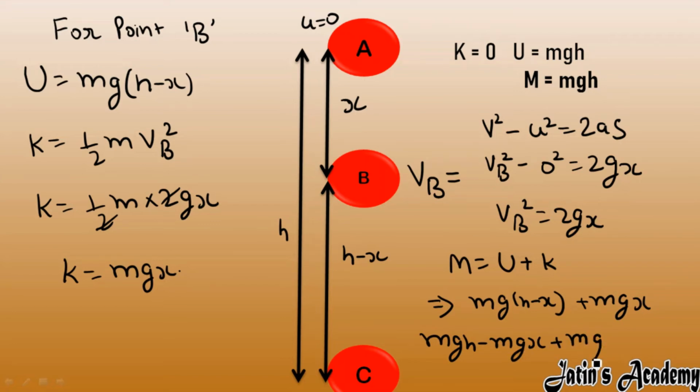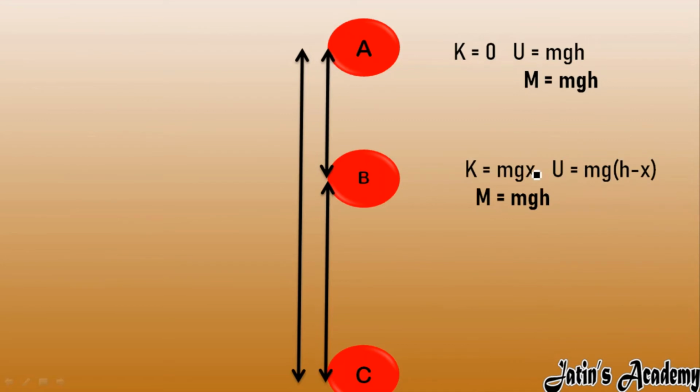Here mgx cancels out, and we get mgh. So the mechanical energy at point B is mgh. Clear this point? At B, kinetic energy is mgx, potential energy is mg(h − x), and the total mechanical energy is mgh.